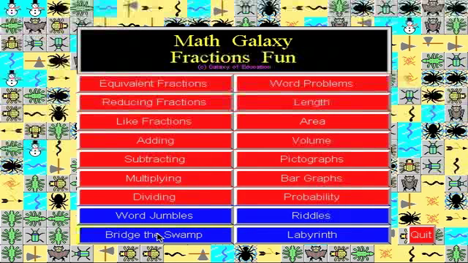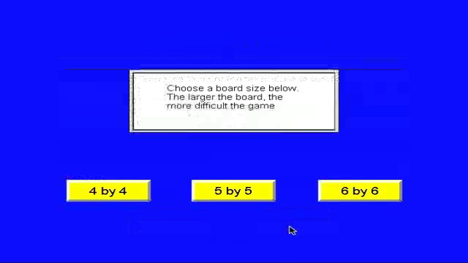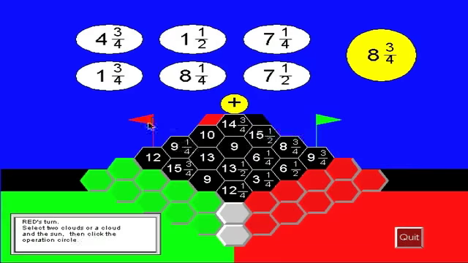And another game is called Bridge the Swamp, where you can also practice fractions. There are 3 board sizes. So red is trying to build a bridge in this direction, green is trying to build a bridge in this direction, and the first player to complete a bridge and block the other player wins. If you know your math, you have a better chance of picking the square that you want.